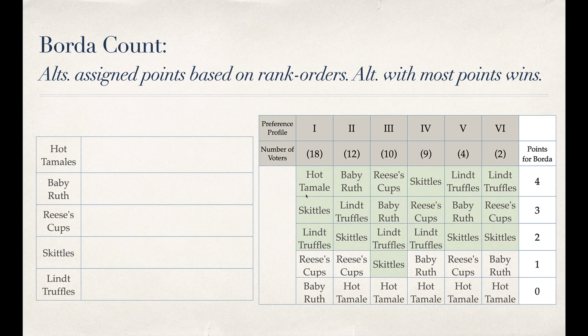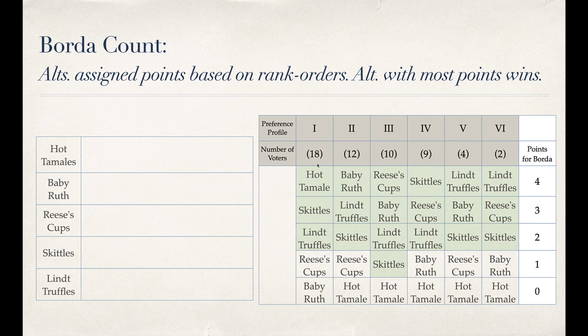So for group 1, they like Hot Tamales, and they give it 4 points because there are 4 things below Hot Tamales. That's fine. However you want to think about it, 5, 4, 3, 2, 1, or 4, 3, 2, 1, 0, it doesn't matter. So I'm going to go through each set of voters, and I'm going to record their points for each alternative one at a time.